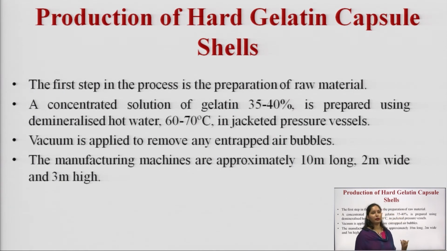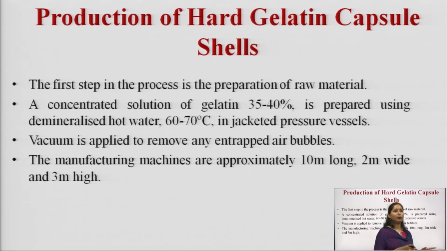A concentrated solution of gelatin, 35 to 40%, is prepared using demineralized hot water at 60 to 70 degrees centigrade in a jacketed pressure vessel. So, we take a concentrated solution of around 30 to 40% gelatin, and we take demineralized hot water in which we mix the gelatin, maintaining the temperature of 60 to 70 degrees centigrade in a jacketed pressure vessel.